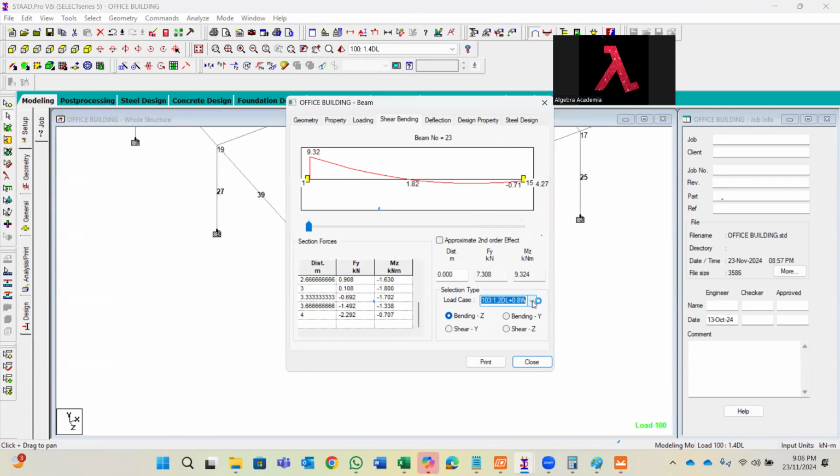Just scroll down to see which is maximum. So 9.32, I'm getting in 103 cases. 9.85 as well, 104. Fantastic. 19.53, which is 109 as well. Okay. 19.53.